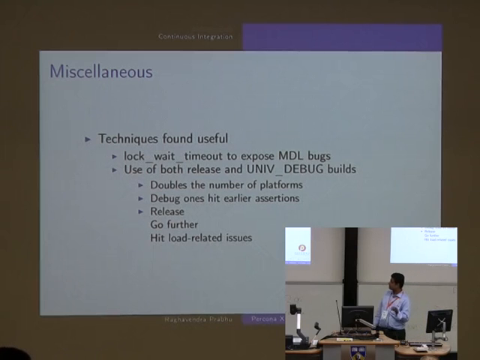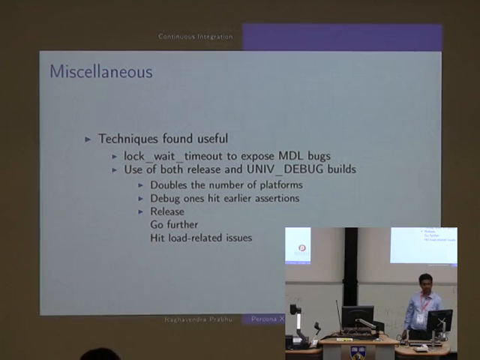In the debug ones, it hits assertions earlier, so you know where the problem lies. Otherwise, many times it crashes several call chains away from where the problem is, and you won't know what the problem is. Sometimes you get a double free or a malloc corruption or a heap corruption, and most of the time it has nothing to do with where it crashed. The corruption is introduced somewhere earlier.